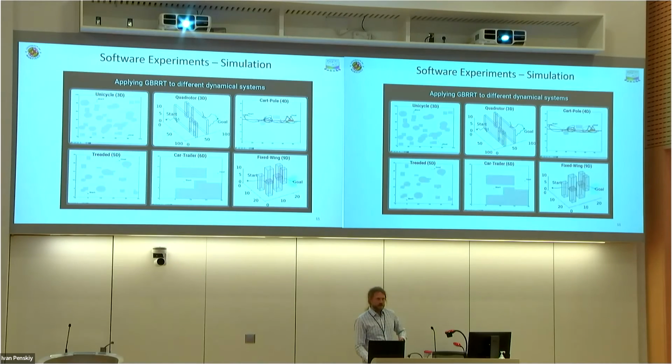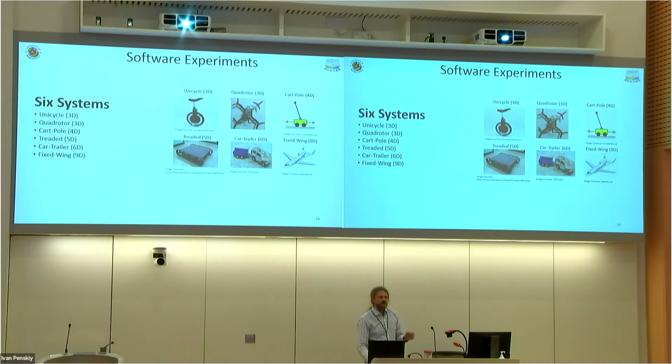So we tried this on a number of different systems on the previous slide. In simulation, we modeled all of these systems: the unicycle and the quadrotor, where we're representing those in 3D. Then the cart pole is a 4-dimensional problem. The treaded 5D platform, the car trailer, that's a 6-dimensional system, and then a fixed wing aircraft is a 9-dimensional system is what we model that as.